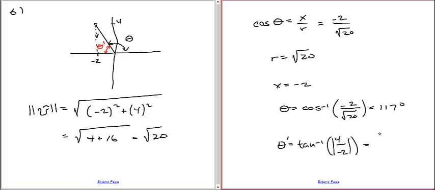And if I do that, I'll get 63 degrees. And then the second quadrant solution, this is in the second quadrant, is 180 minus the reference angle.